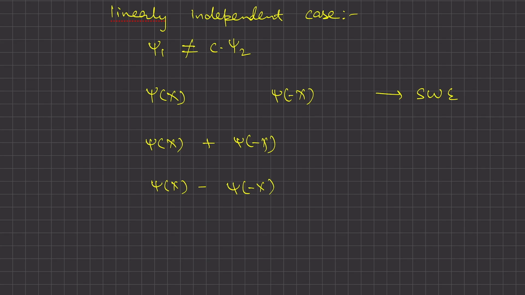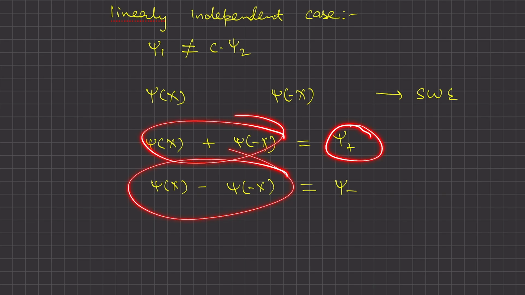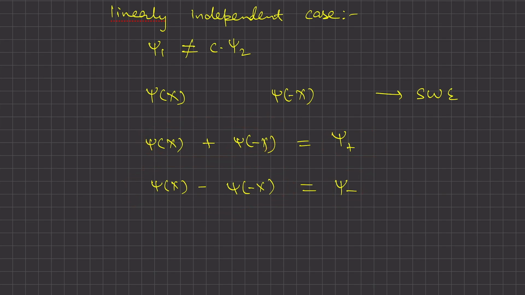These are two combinations, and let us call them psi plus and psi minus. If psi of x and psi of minus x are solutions, then their linear combinations, psi plus and psi minus, are also solutions. And if you check, psi plus will actually be the even parity relationship, and psi minus will be the odd parity relationship.